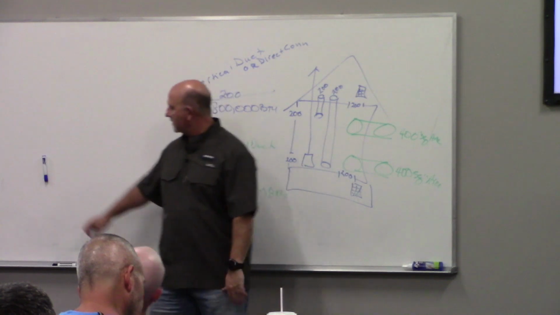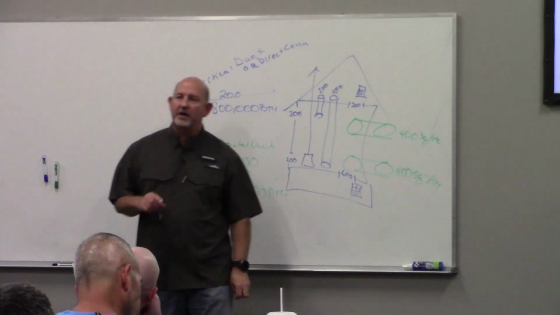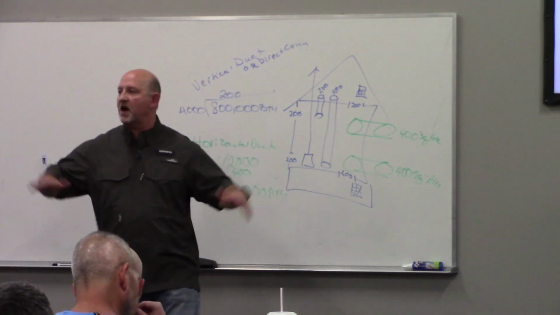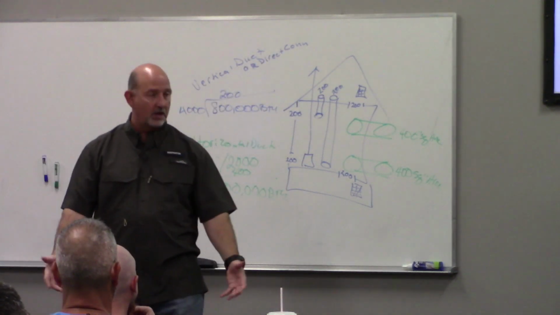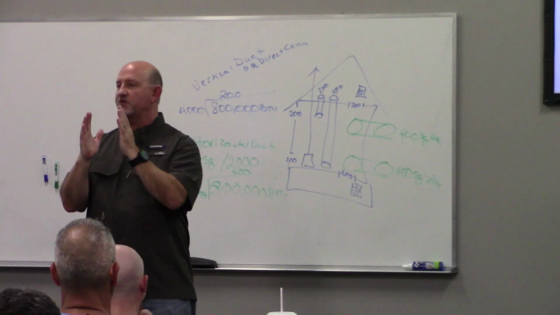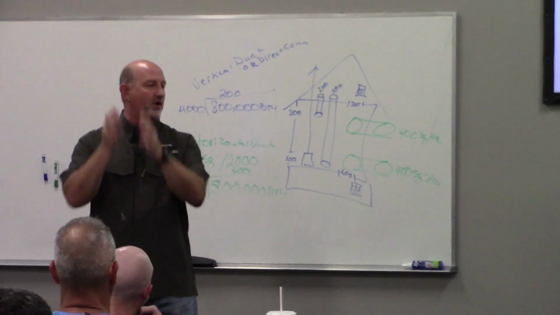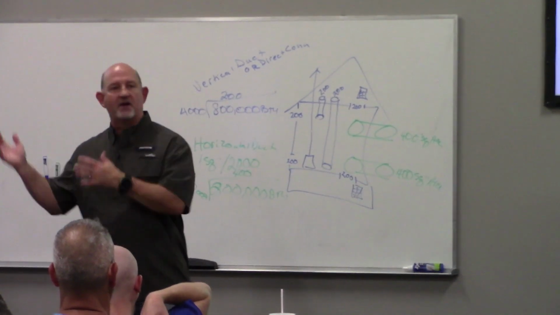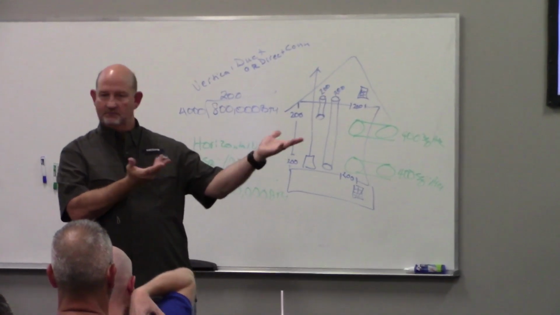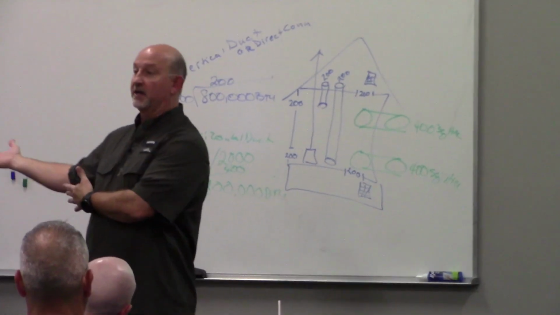Now, this is going to bite me in the butt here in a minute, but basic physics, what does hot air want to do? Rise. It wants to rise. What does cold air want to do? It wants to fall. So do you agree these vertical ducts, air naturally wants to move vertically? Do you agree you can get air as hot as you want and it'll never go right? Yeah. You can get air as cold as you want, it'll never go left.